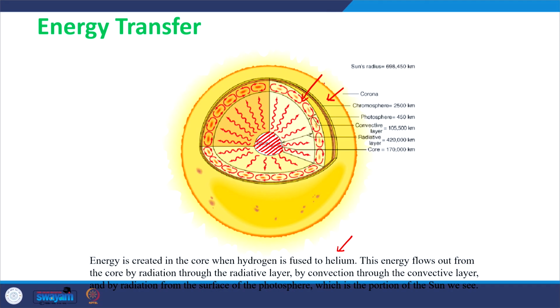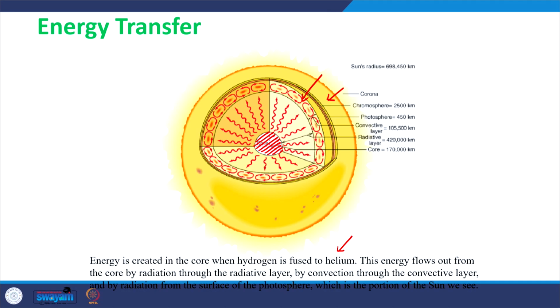And the radiation from the surface reaches the photosphere, which is the portion of the sun that we actually see, right? So radiation travels from the core outwards towards the radiative zone and then the convective zone, right?